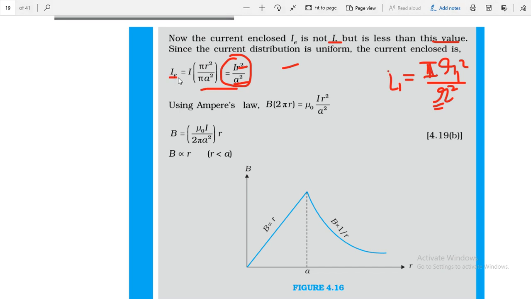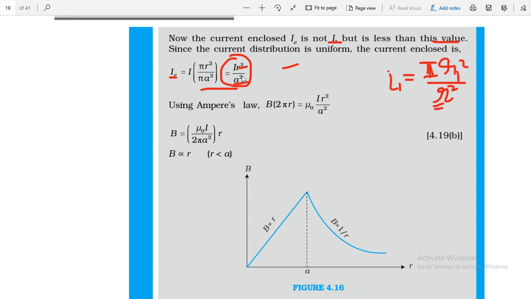Here the current flowing through the Amperian loop is taken as IE. This IE is equal to I, that is the total current flowing through the conductor, into r square upon a square. This r is the radius of the Amperian loop, and a is the radius of the cross sectional area of the conductor. So you can write this equation like this.